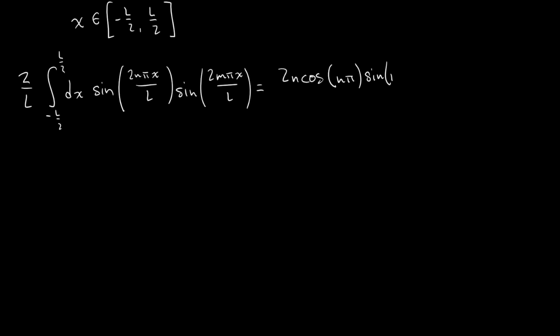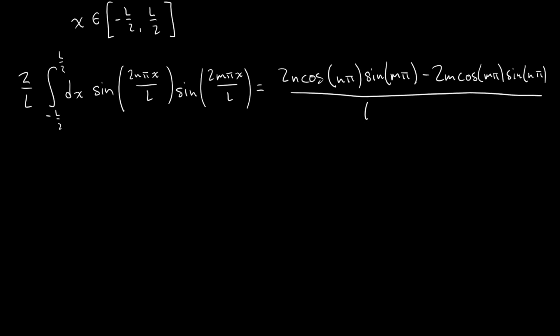Sine of m pi minus 2m cosine m pi sine n pi, all divided by m squared minus n squared times pi.